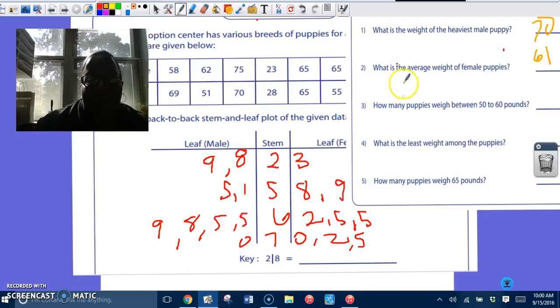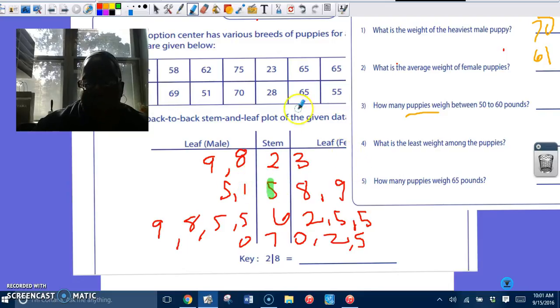Doing it on a calculator, be sure that you get the same answer and understand how to come up with 61. Okay? Number 3, how many puppies weigh between 50 to 60 pounds? So this says how many puppies. So we're talking about male and female, not just one or the other. So you're looking for the weight between 50 and 60. Well, everything in the 5s is between 50 and 60, because I have 51, 55, 58, and 59.